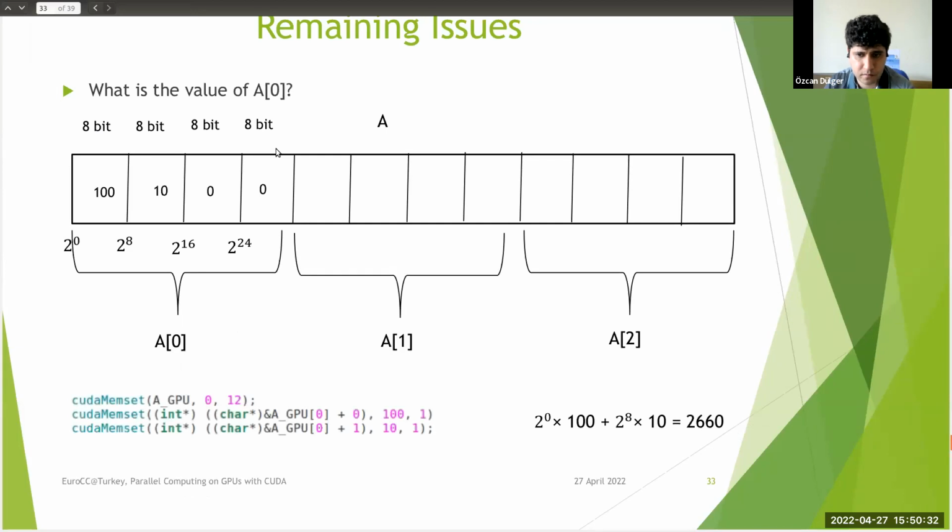So this is the code of this example, and we set 100 to the first byte of the first element and 10 to the second byte of the first element. So with this formula here, 2^0 times 100 plus 2^8 times 10, we will get 2660 as the value of the first element.